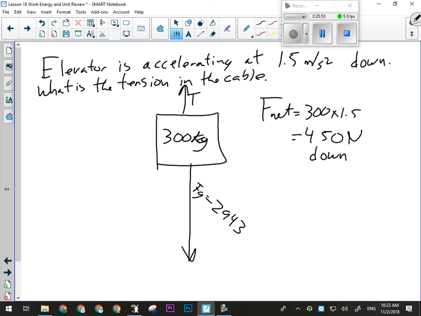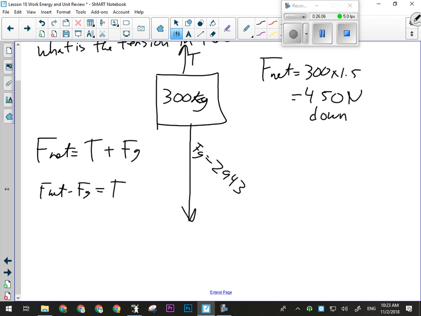I can find the missing force using the vector sum of all forces: tension plus the force of gravity. So Fnet minus the force of gravity equals tension. That'll be negative 450 minus negative 2,943, and that would give me my tension in the cable.